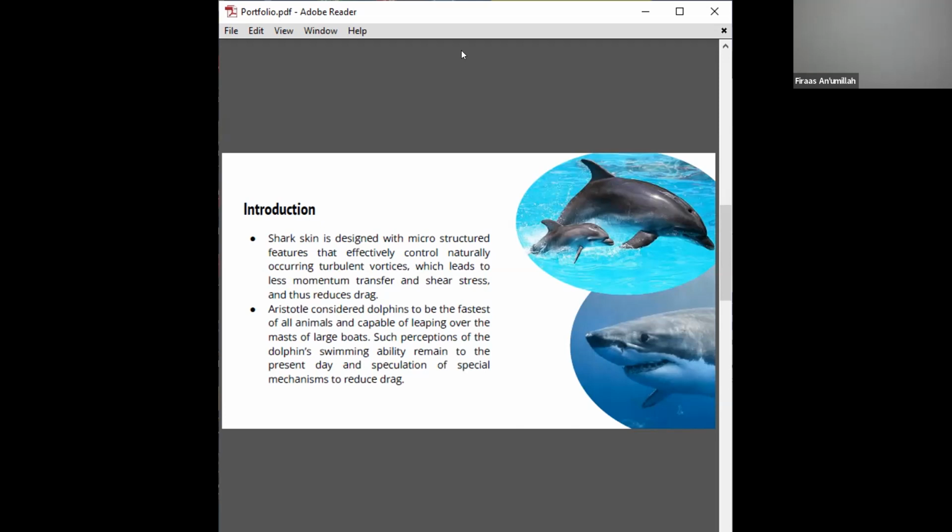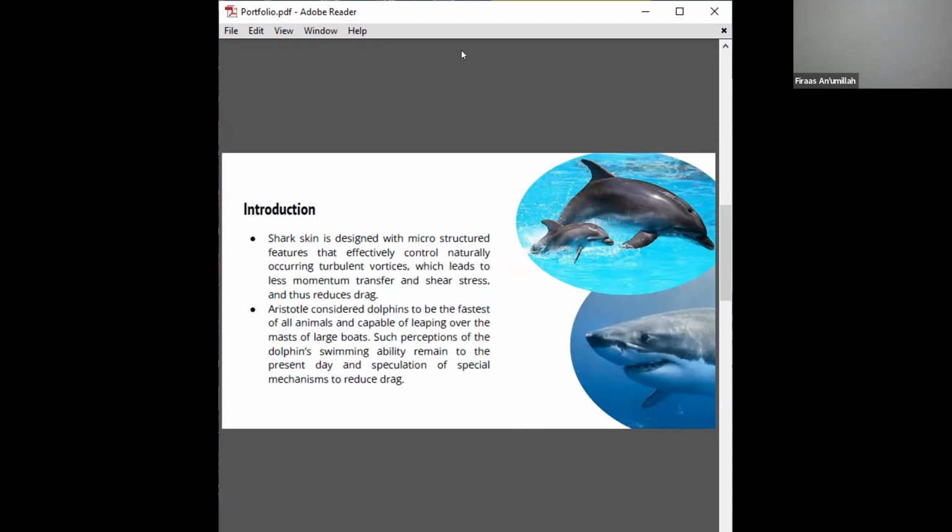And the second one, dolphin. Aristotle considered the dolphin to be the fastest of all animals and capable of leaping over the mast of a large boat. Such perception of the dolphin's swimming ability remains to the present day, and speculation of a special mechanism to reduce drag.